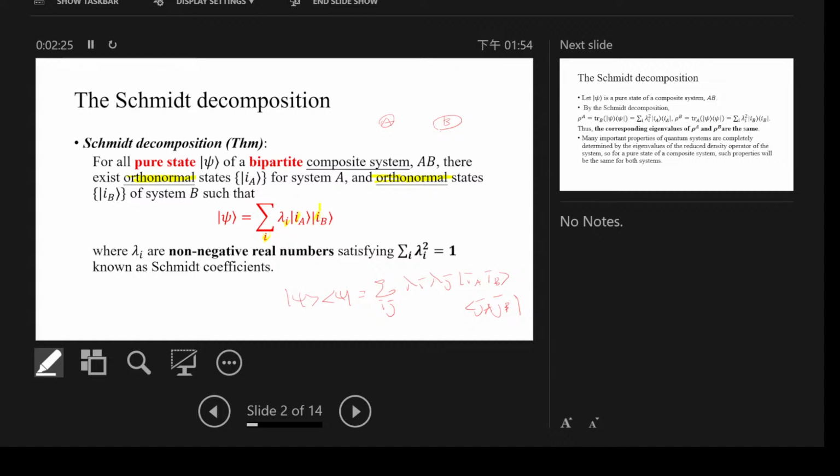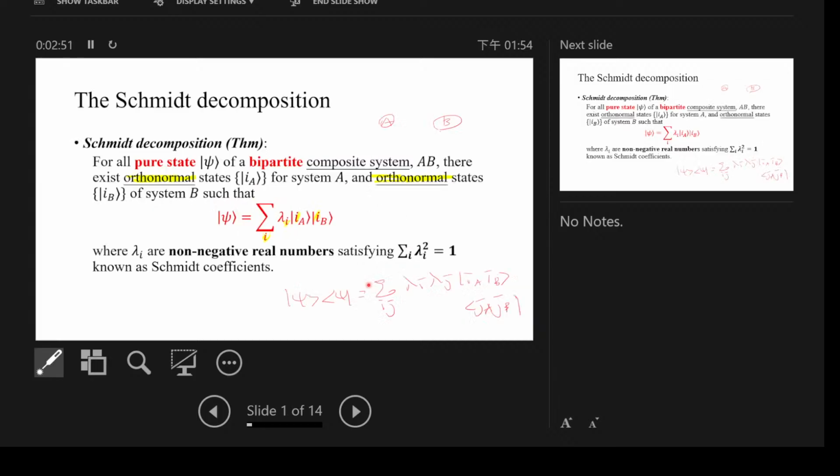This is not just writing A in any computational basis and B in any computational basis, because that would be a different thing.